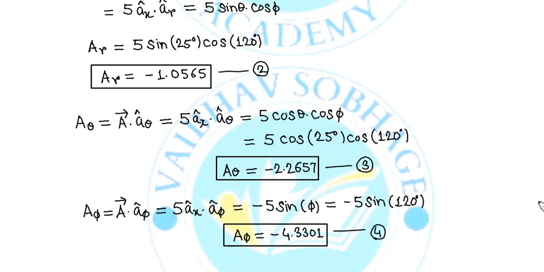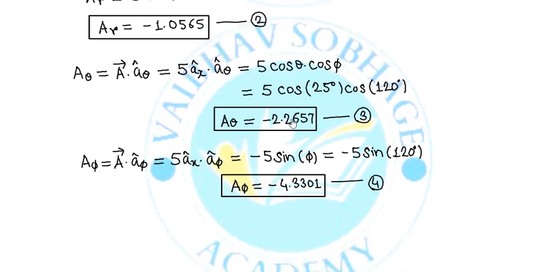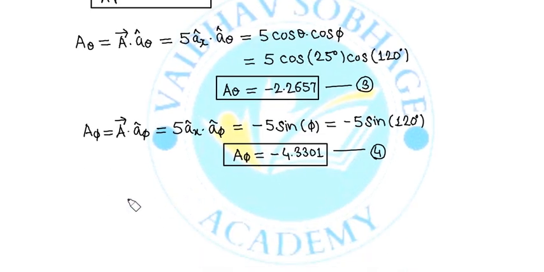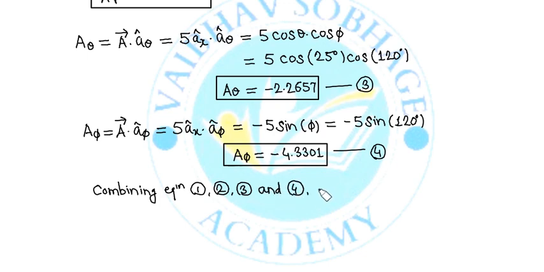Now we are going to combine all of the equations that we have written. So combining equations 1, 2, 3 and 4, we get this.